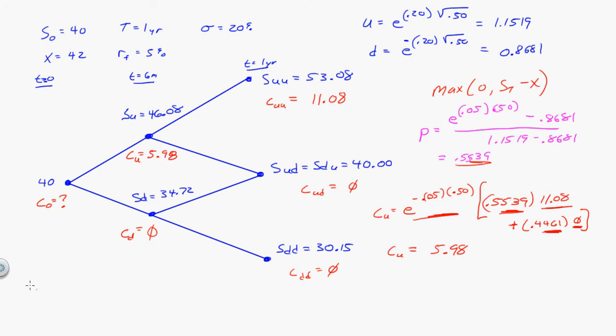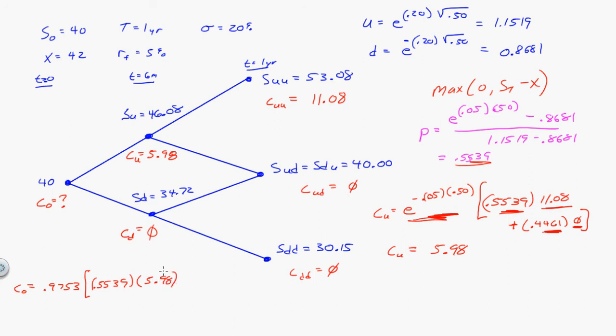We'll repeat this process. And now the call option today is equal to, and this is 0.9753. So when I do this term, it's 0.9753. That's my discount factor, or my present value factor. I have a 55.39% chance that the stock goes up. And if it goes up, the option would be worth $5.98.